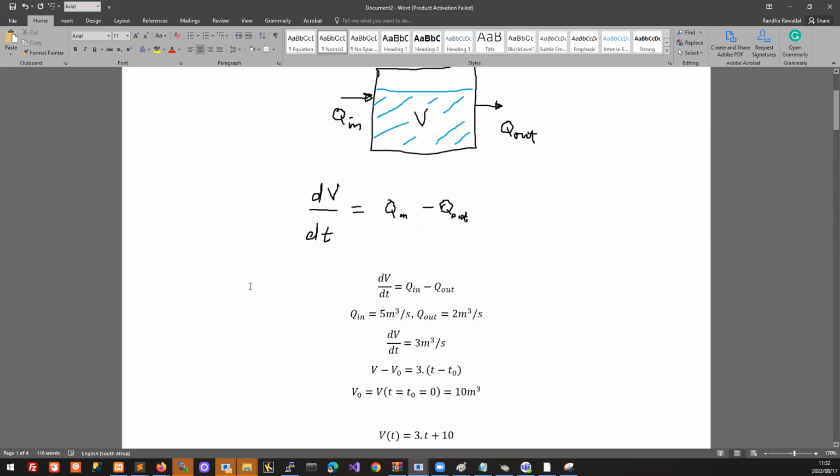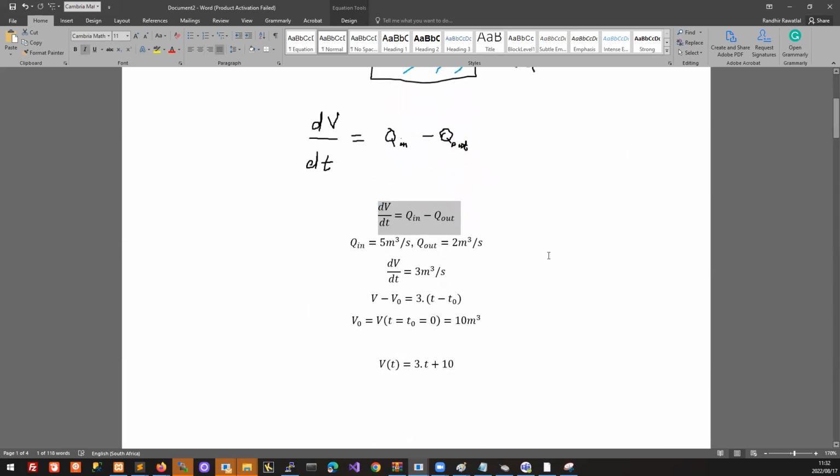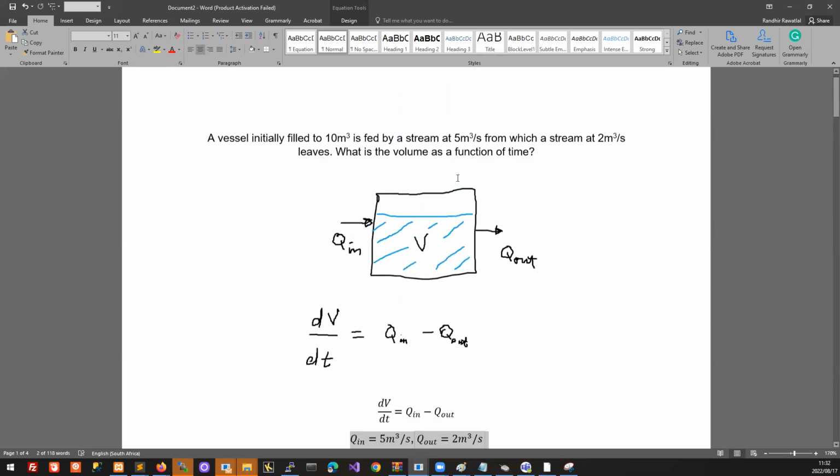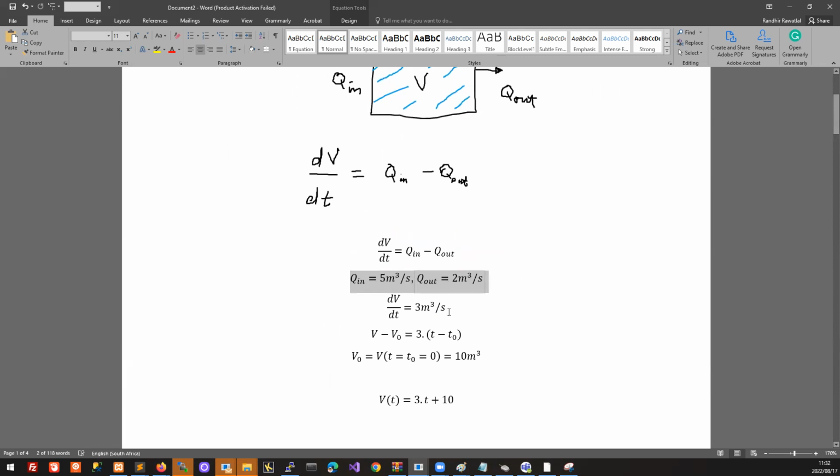Yeah, because you've got your general equation. So that's how you start. You get the general expression describing the whole system for any instant in time. Then you make it a bit more particular. You can stick in the general values. So these apply for all time as well. So it doesn't say there's a change in those flow rates. So that applies. And then you can get a general expression for the rate of change of the volume.